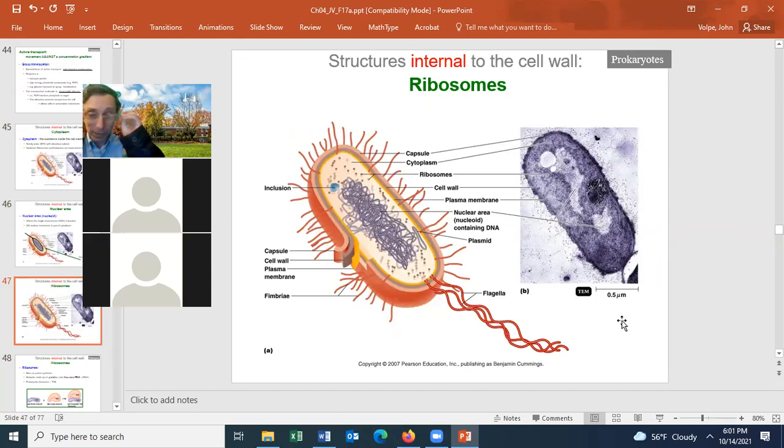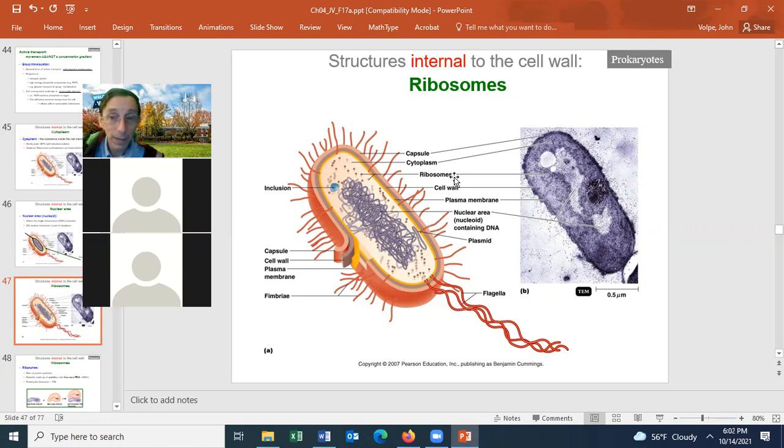Actually, the yeast do have plasmids, but most eukaryotes don't, but the yeast do. And the plasmid of the yeast is floating around. Oh, I don't remember. Is that in the nucleoplasm or the cytoplasm? Don't remember. I'll have to look that up. Sorry. You don't need to know that for the exam.